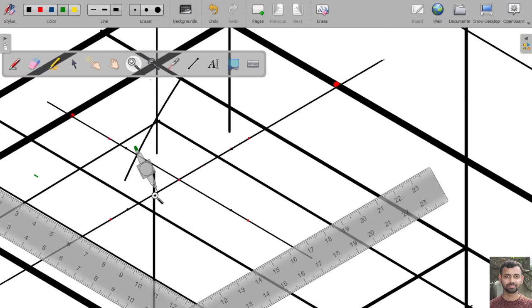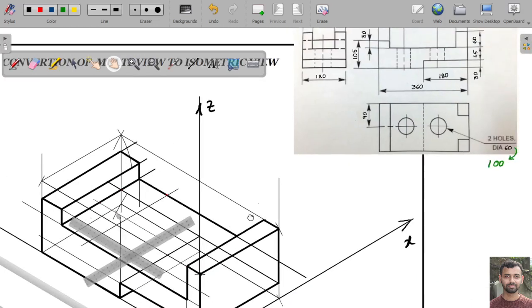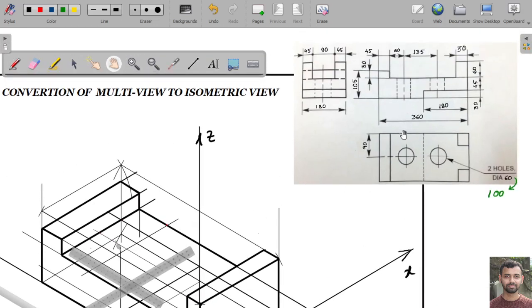Now, as the diameter of the hole is 100 mm, at first we have to locate the center point. So, to locate the center point, as we can see, the location of the center point is at a distance of 90 mm from this edge, and 60 mm from this edge.